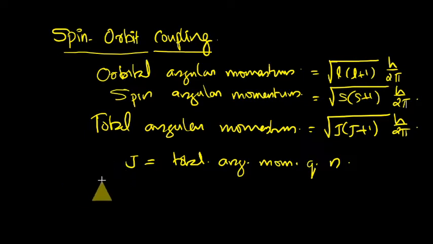We have individual orbital angular momenta, and these can combine to give a total orbital angular momentum. Be very careful.